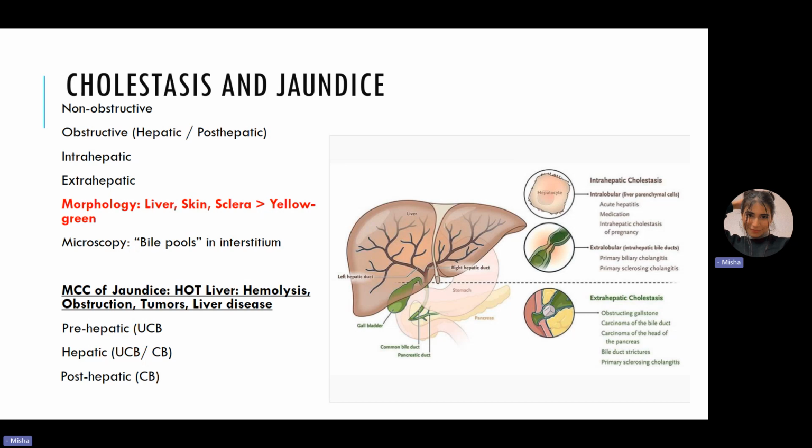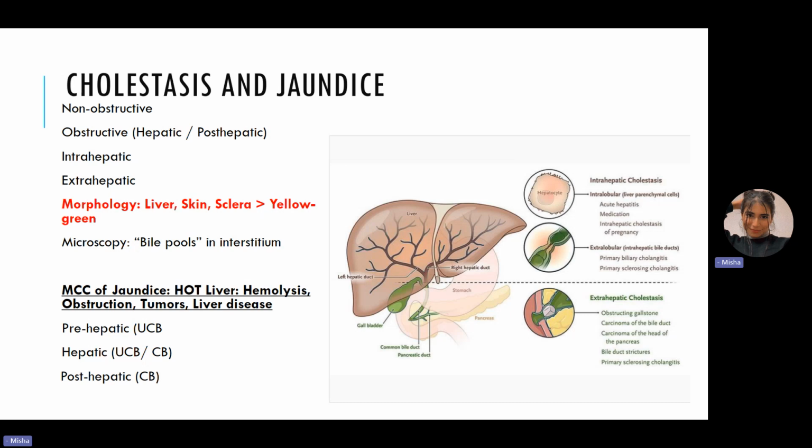Then we have hepatic jaundice, in which we can have an increase in both unconjugated and conjugated bilirubin. This is due to, for example, impaired conjugation, like Crigler-Najjar syndrome, or some kind of liver damage, like viral, alcoholic, or non-alcoholic fatty liver disease, or Wilson's disease. There's impaired bile secretion in this case, like Dubin-Johnson syndrome, or there's high estrogen.